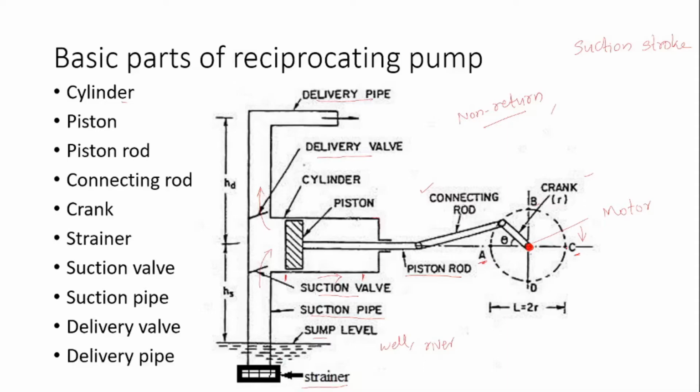Now the crank is at this point. During the rotation of the crank from C to A through D, the piston moves from this point to this point, and that is known as the delivery stroke.